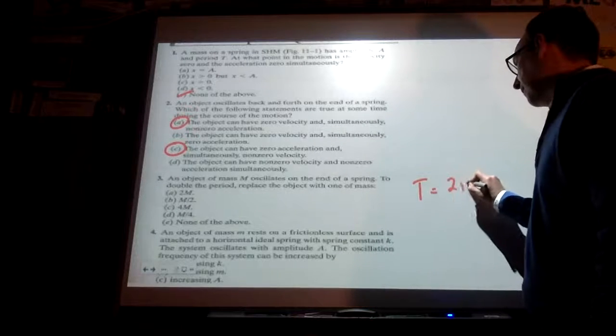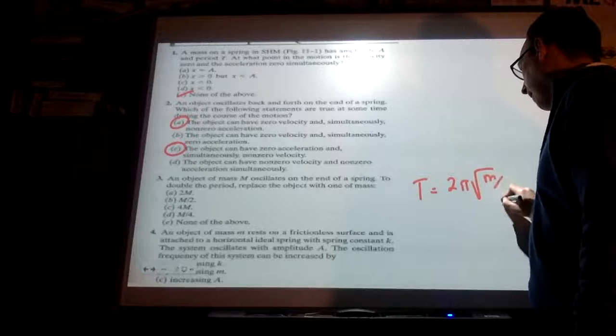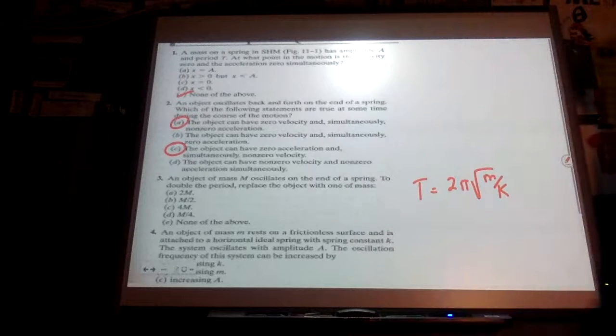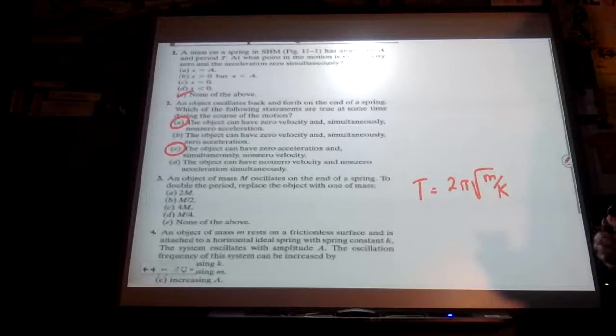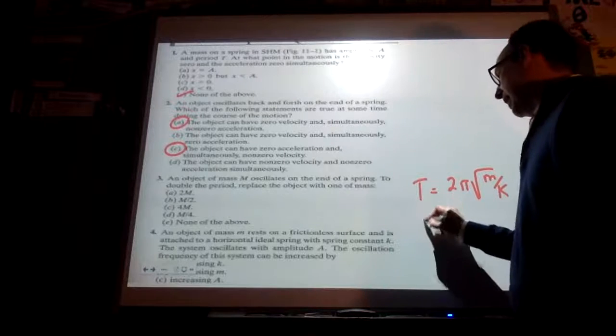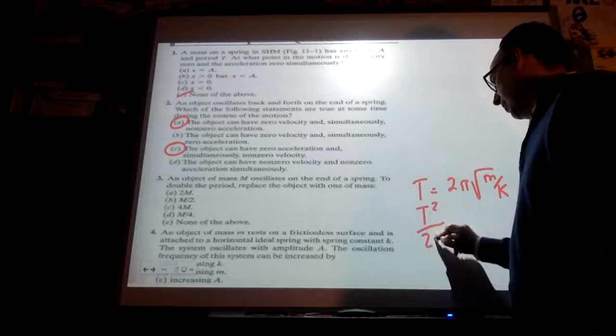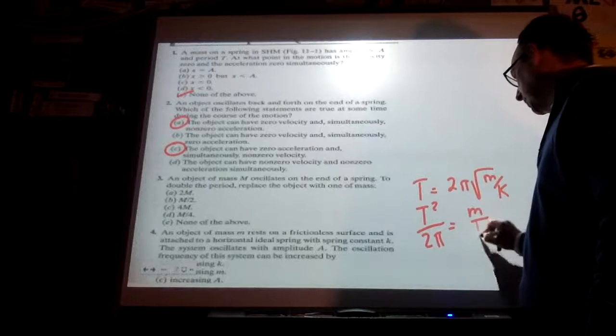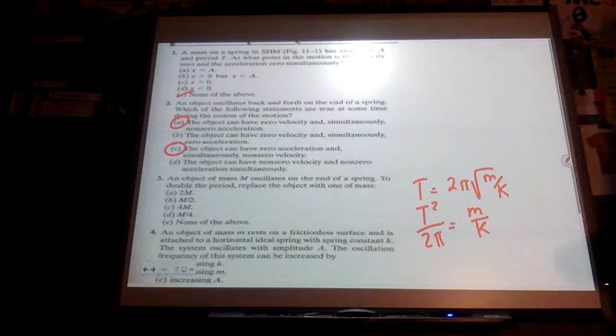Okay, so I have our mass spring system. I want to double the period. I want to get m by itself. So I'm going to have T squared over 2 pi equals m over k.